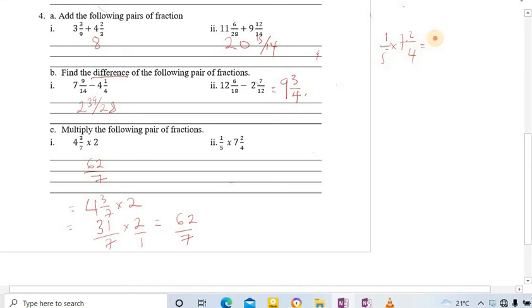It will be equal to 1 over 5 times 4 times 7 is 28. 28 plus 2 is 30 all over 4, which is equal to 30 all over 20. So this is the same as 20 into 30. How many times? 1 time. Remember, 10 over 20.